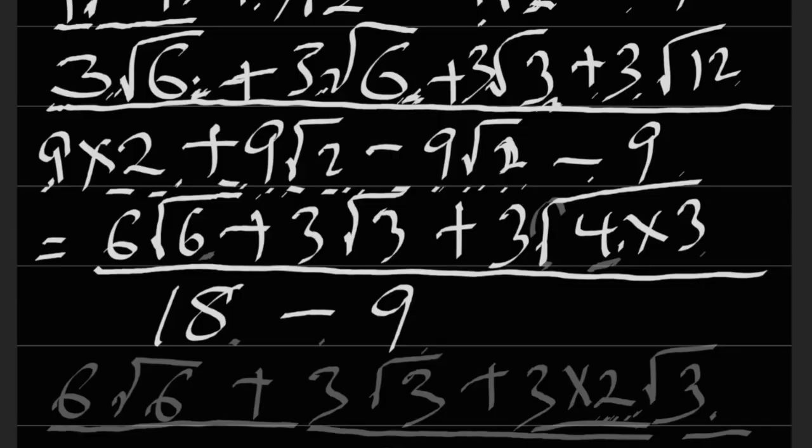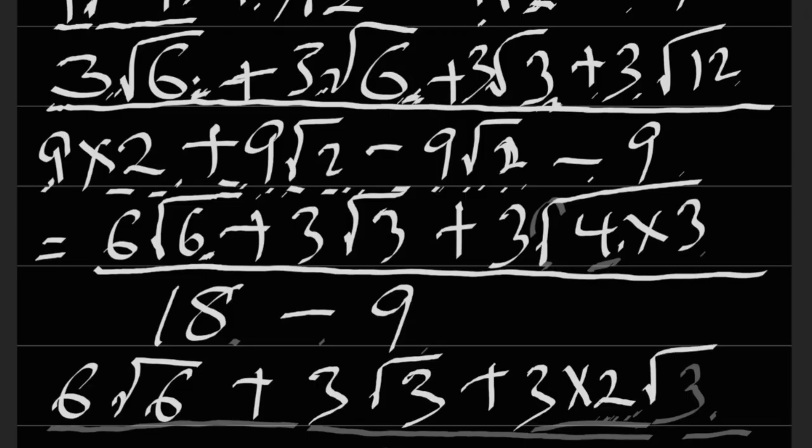We're getting closer. So this is the numerator again. 6 root 6 plus 3 root 3 plus 3 times 2 root 3.